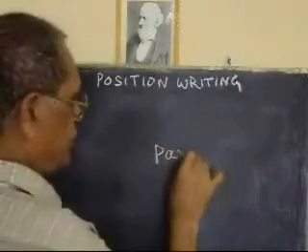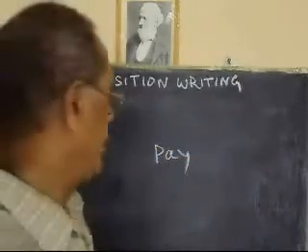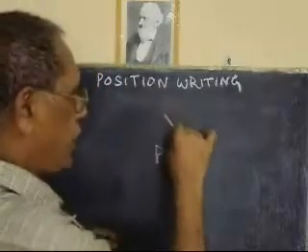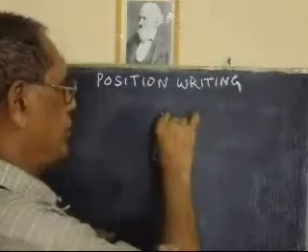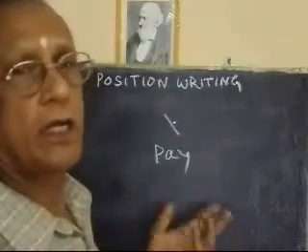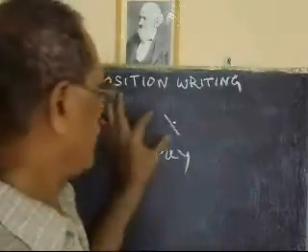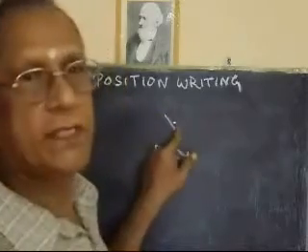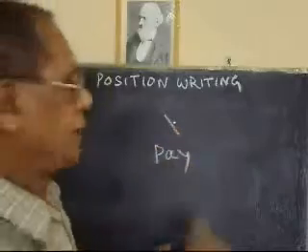Suppose this is a word, pay. How we write this? We write the consonant first and put the vowel sign. It is called insertion of vowel sign. So, writing the consonant form and then placing the vowel sign. Then it is put together.